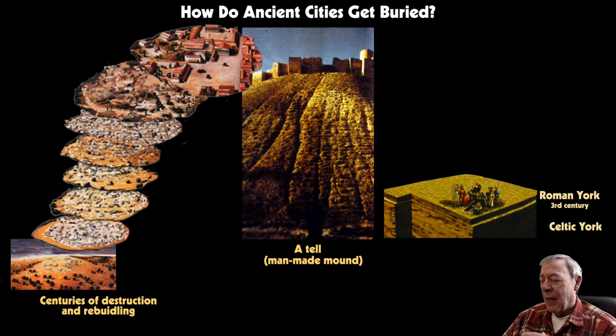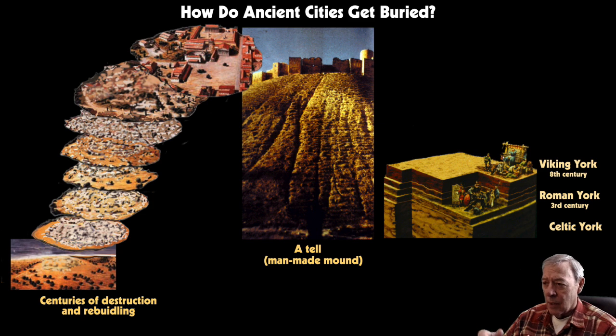At some point that gets destroyed, gets abandoned, gets disused, and perhaps that same site is occupied by the Vikings of the 8th century. Okay, and so in 500 years, that much debris had built up from the time of the Romans in the 3rd century to the time of the Vikings in the 8th century.